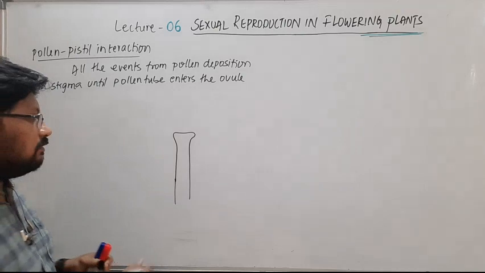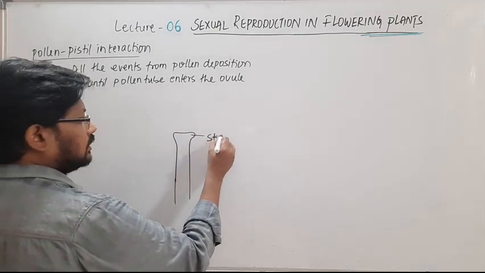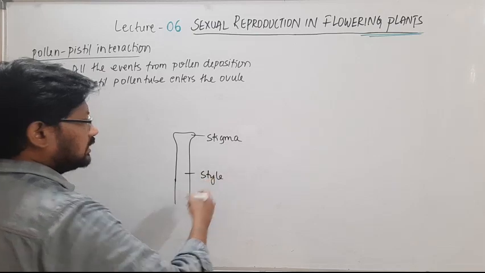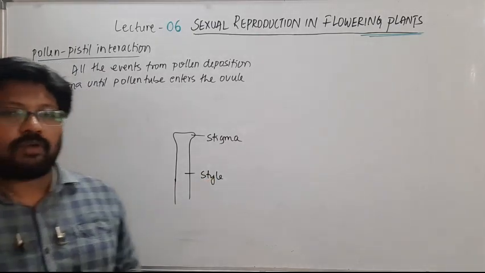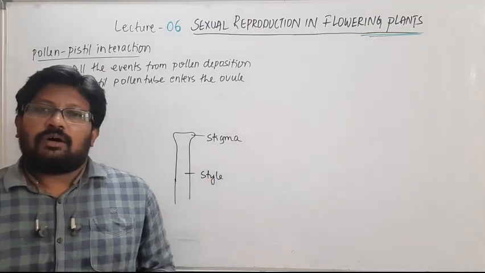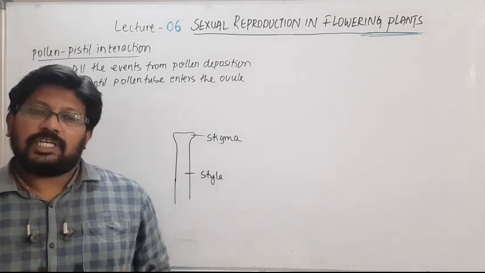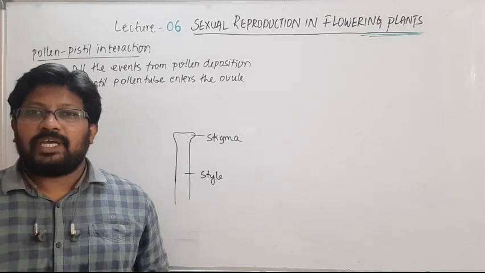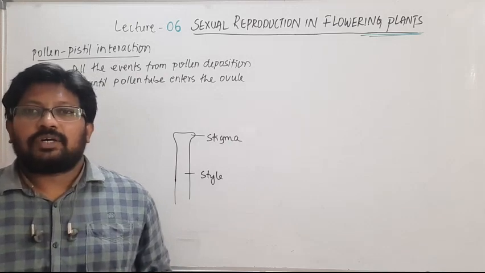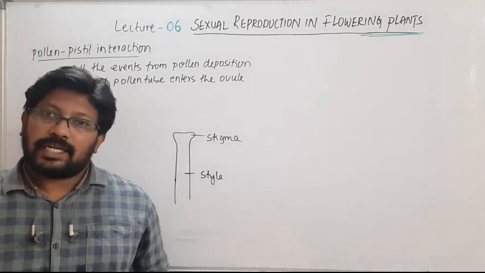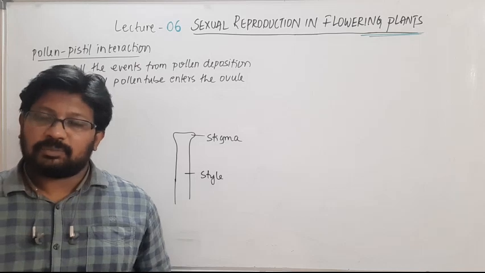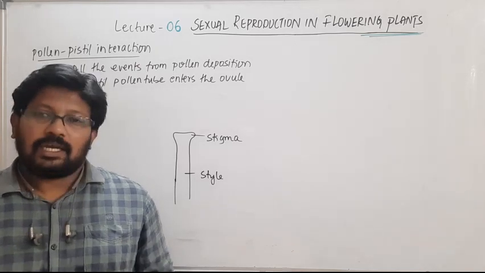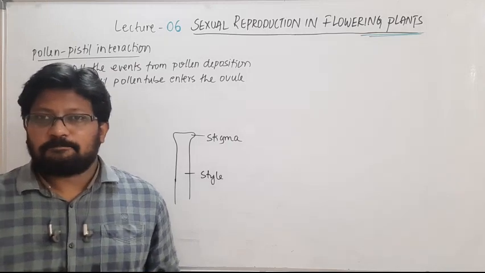So this stigma may receive pollen grains from the same flower, or from another flower on the same plant, or from another flower on another plant belonging to the same species, or it may even receive pollen from another species.